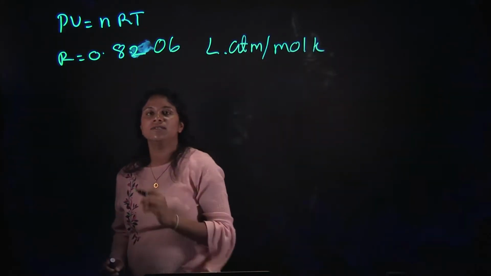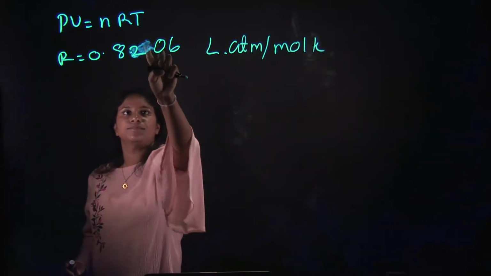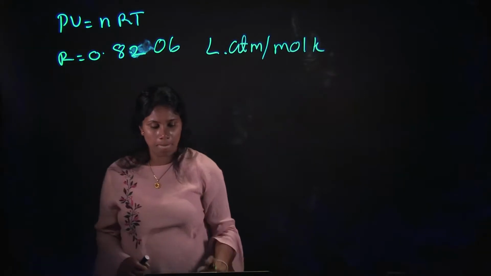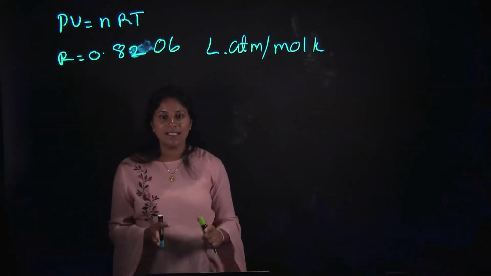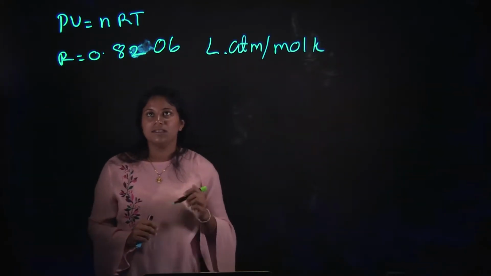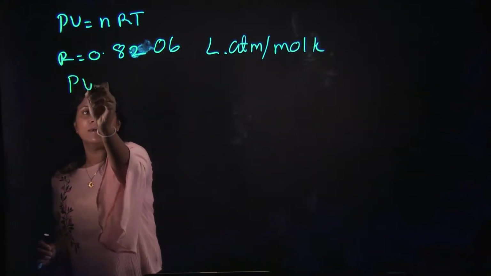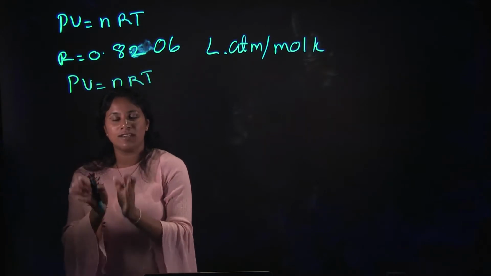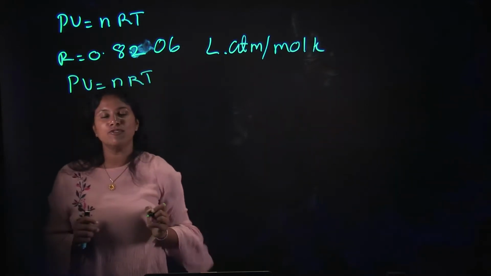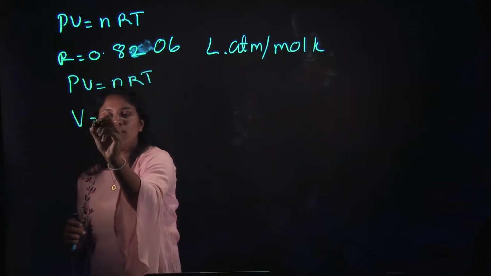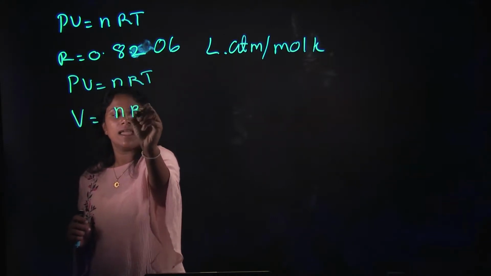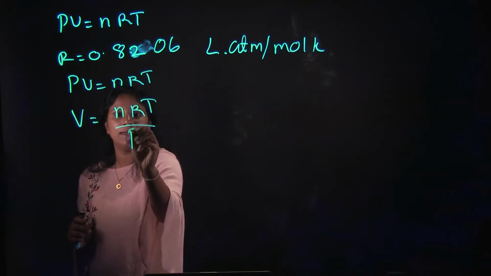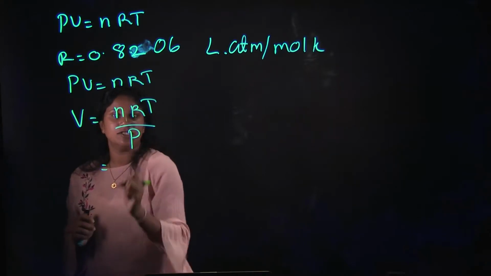You need to use this R in the equation. In this question, they ask to find the volume. So PV equals nRT. It's easier if you rearrange the equation at the beginning. They want the volume, right? So I isolate volume on this side: V equals nRT divided by P. And then I can substitute terms.